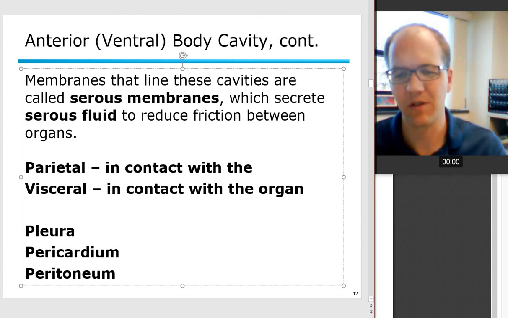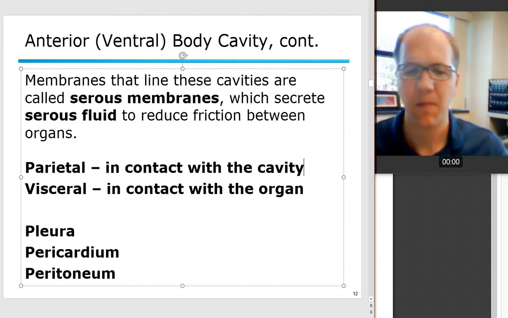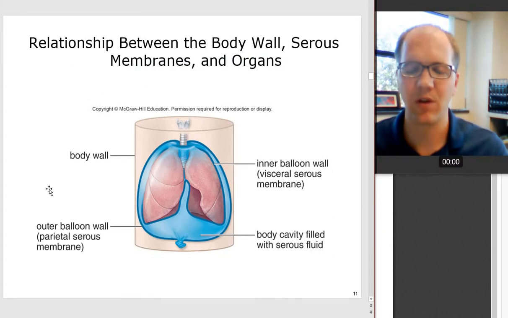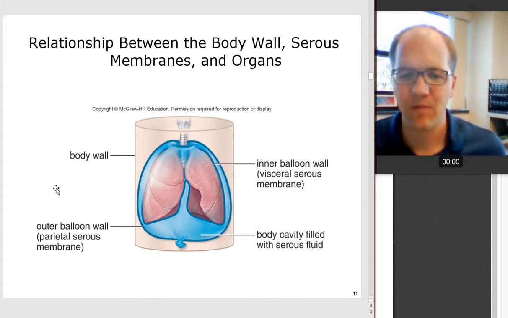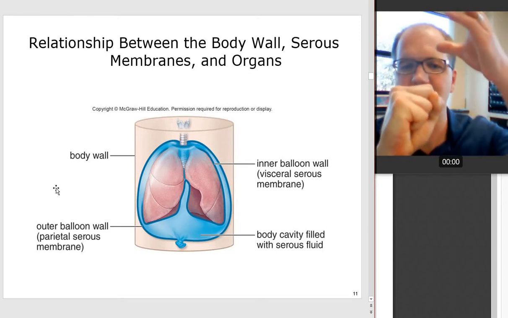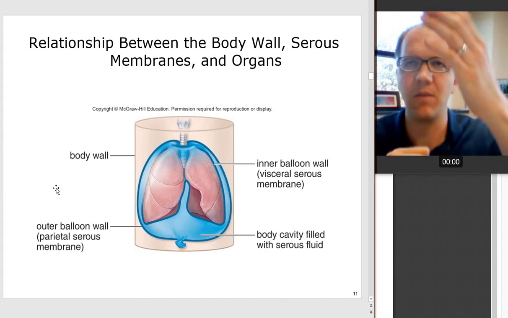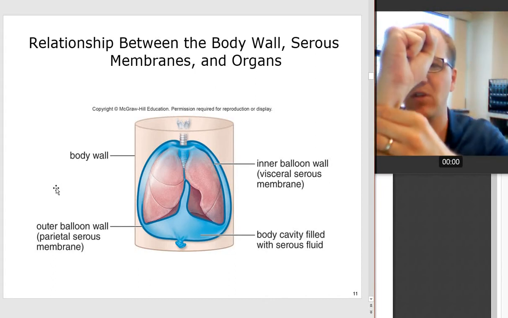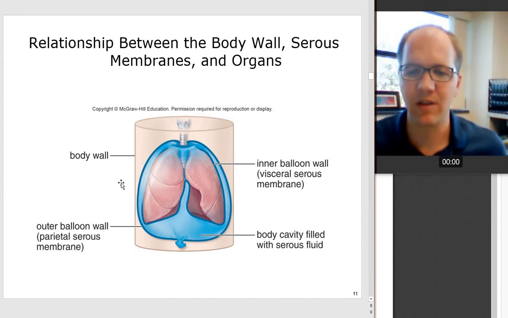And the way to think about this is the example we always use, and I use this in the book as well. Think about if you took your fist. Let's say that you had a balloon, and you took your fist, and the balloon was blown up, and you were to shove your fist into that balloon. What you'd end up with is something like this.